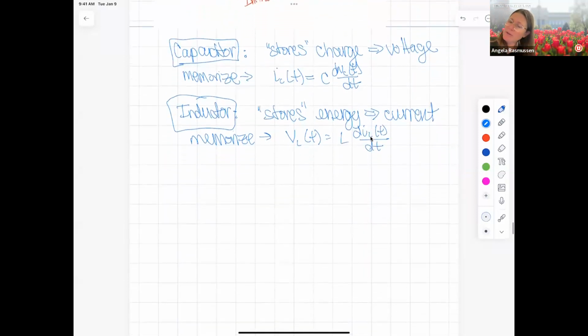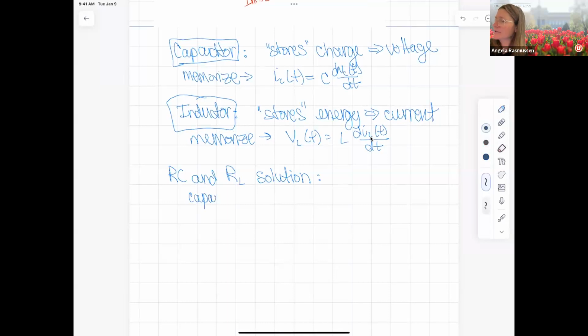All right, we went through the solution for an RC and RL circuit. And we came up with the generic form of, we'll do the capacitor first. Well, it's actually an RC circuit.